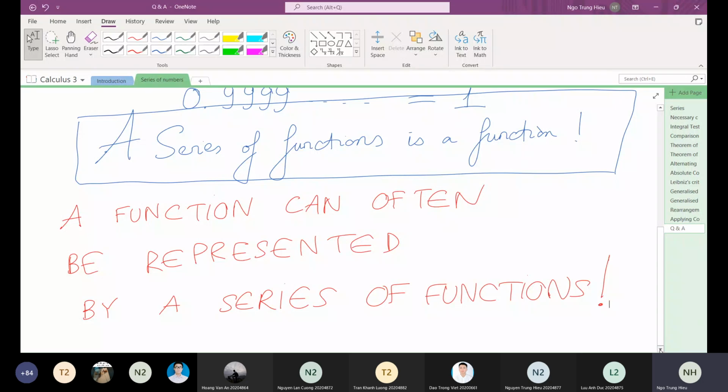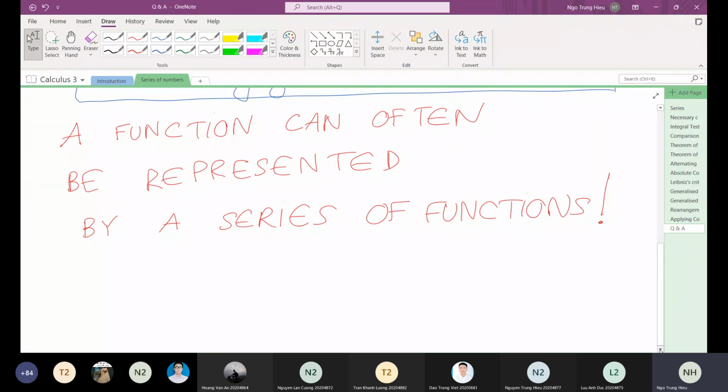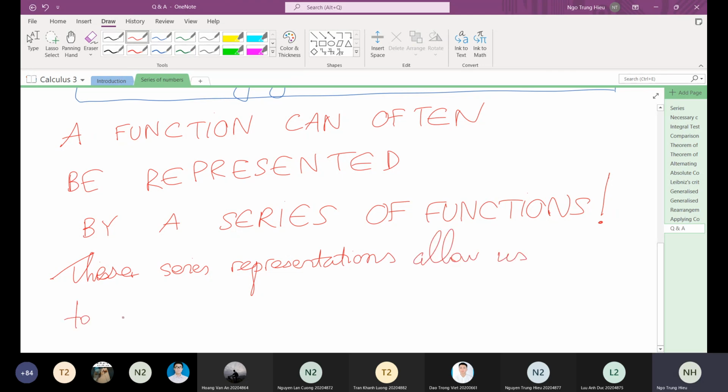You know there are many functions that we learn, like sine, cosine, or the exponential function, and these series representations allow us to compute functions, and not only the functions and their derivatives, but also their integrals.